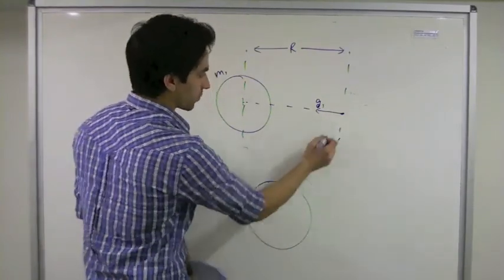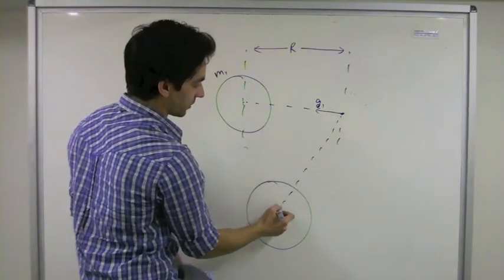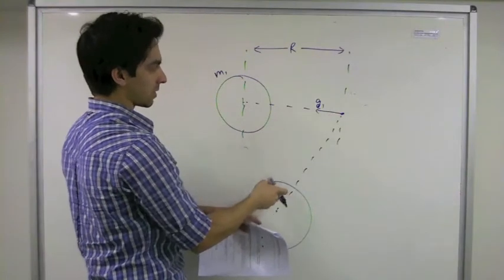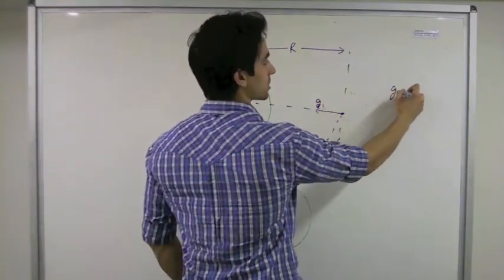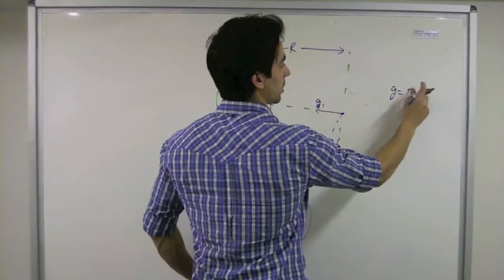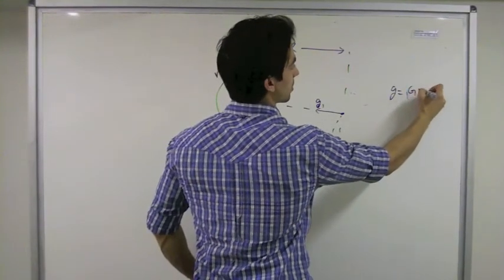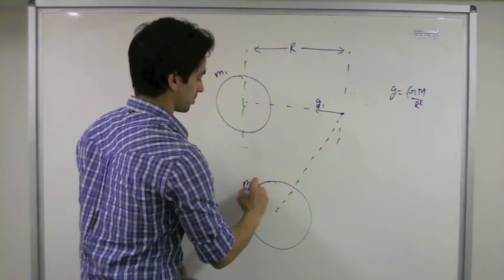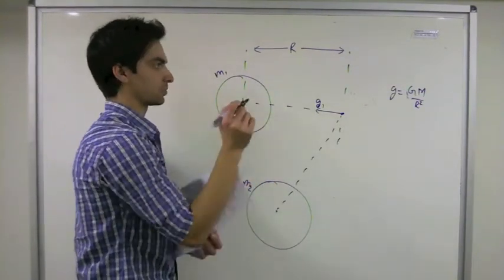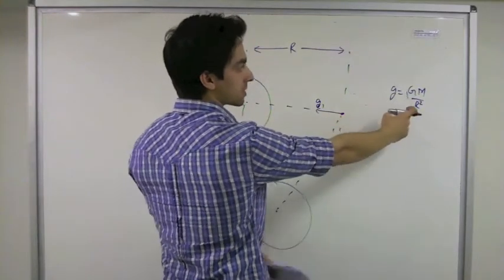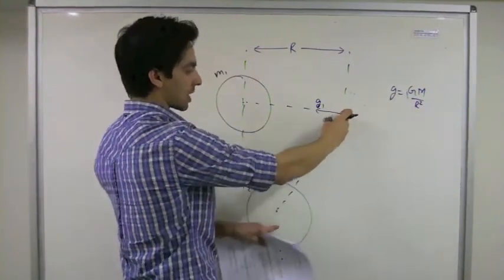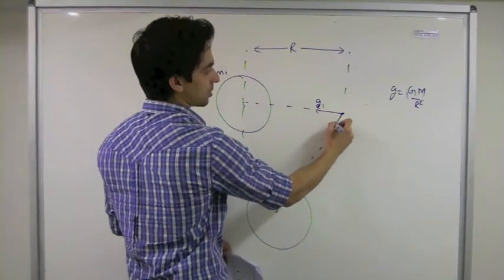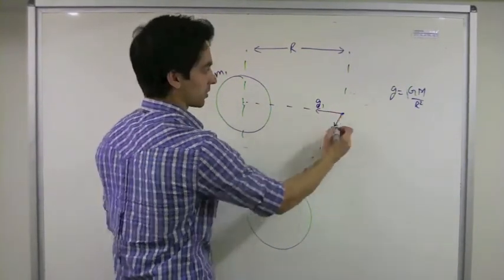I will have to first see what the gravitational field strength is due to this mass. Obviously, since this is a bit further away, and we know that g equals Gm over r square, let's say this is m2, and m1 is equal to m2. The only difference here would be the r. R here is larger, therefore g2 will be a bit smaller, and you can represent that by the length of the vectors.